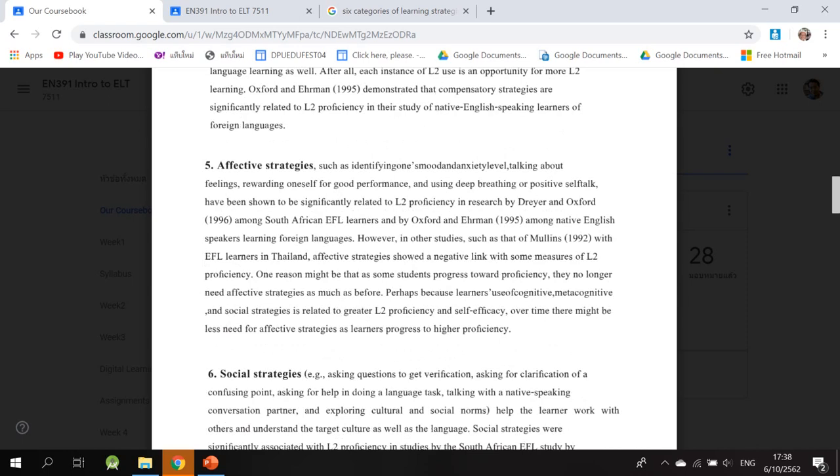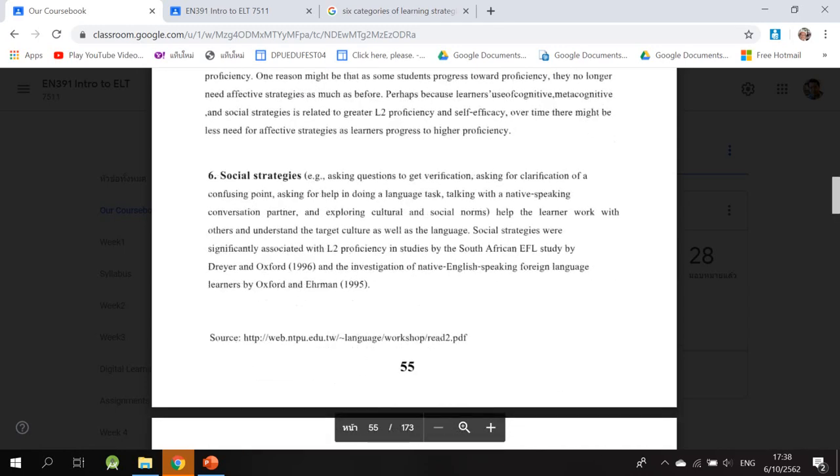And the last one, social strategy: asking questions to get verification, asking for clarification, asking for help, talking with native speakers or conversational partners.